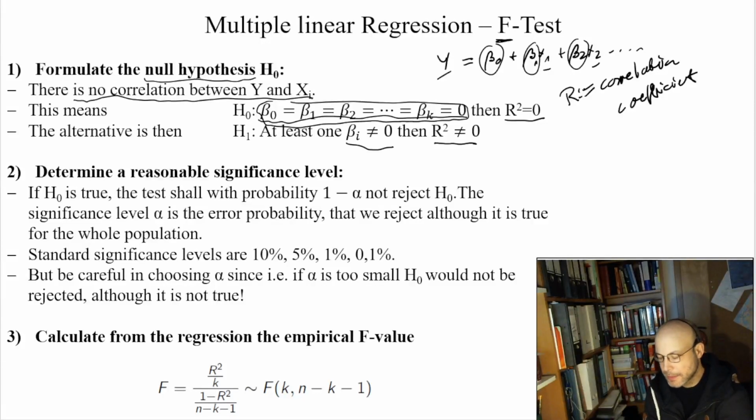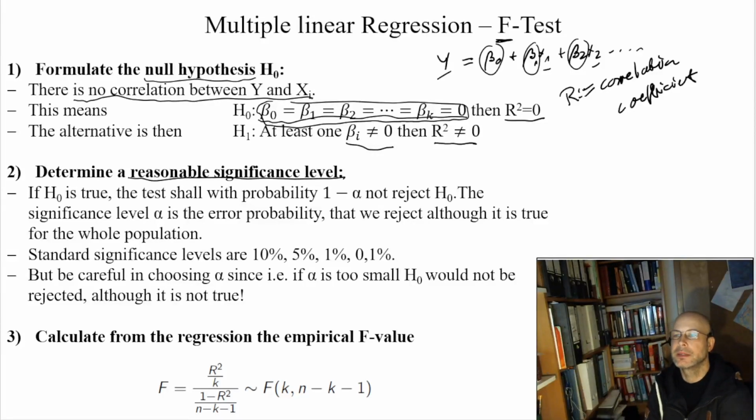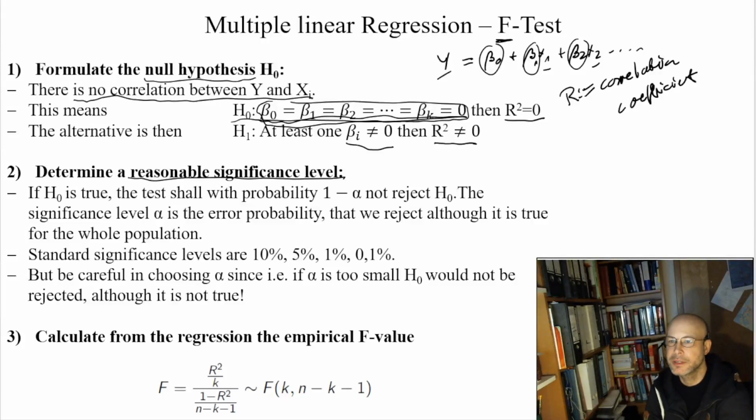And now comes a very, very important part after formulating concrete hypotheses, and this is to find a reasonable significance value. So what we want to make is a probability answer to our question, is our null hypothesis right or not?